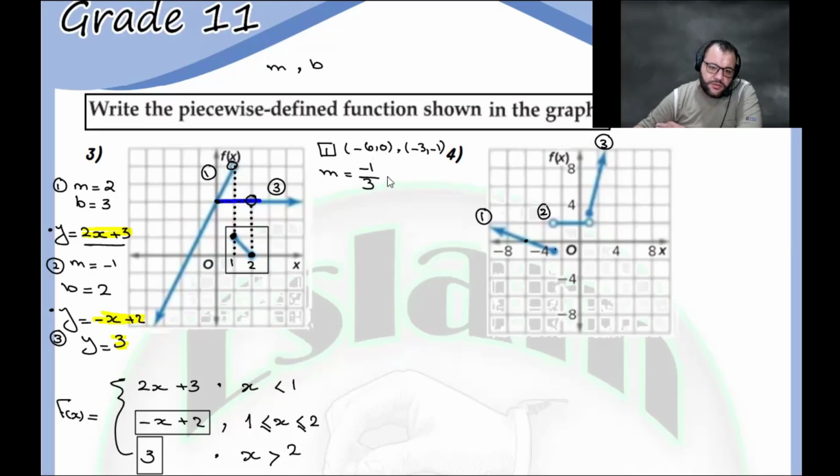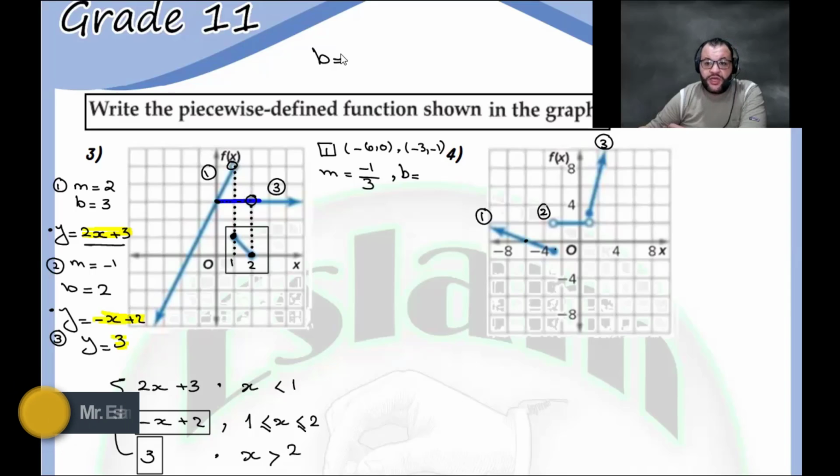Now we need to find the y-intercept. How do we find the y-intercept? Do you remember the equation? Before, we extended the line, but now I can't extend it because the graph would not be exact. So b equals y minus mx.